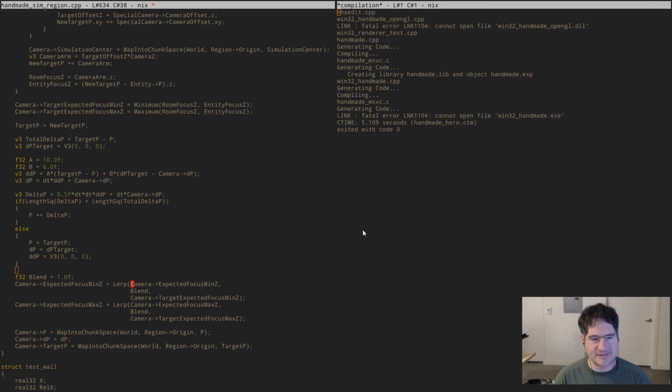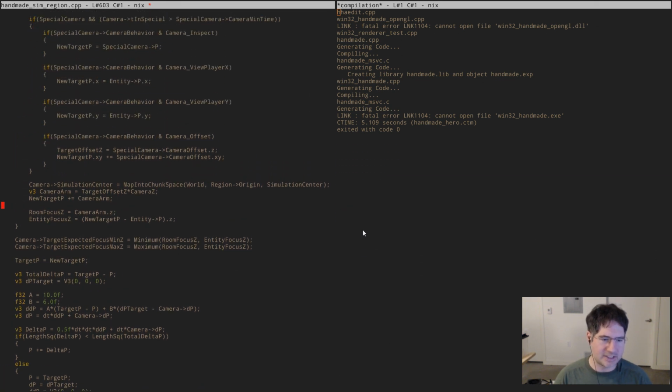Like, I almost want to say that when you're doing this blend, if you look in here, the room focus Z is based on the camera arm. And the camera arm is something that we sort of vaguely know what it is, because we know what it was, and then we know what it's going to be. And so you could almost imagine interpolating that as another target parameter that could be interpolated along with this, right?